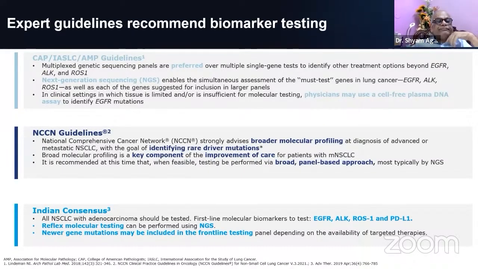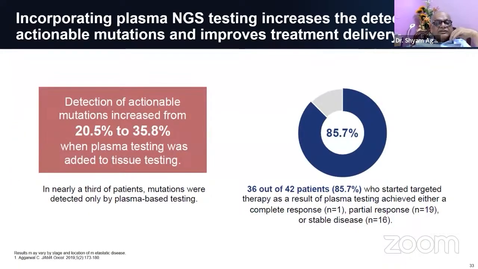Next slide. And it should be multiplexed or a comprehensive gene panel. So this is the point I was trying to make, that if you add plasma to the tissue, it increases the detection of actionable mutations and improves treatment delivery. So detection of actionable mutations increased from 20 to 35 or 36% when plasma was added to tissue.